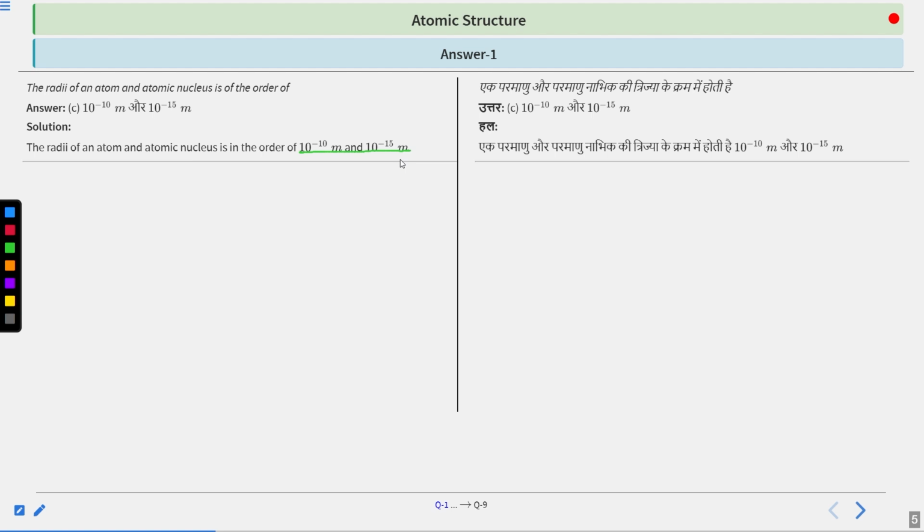We know very well that atoms are larger in size because the nucleus is inside that atom. So the nucleus radius will always be smaller than the atom radius. Therefore, we take the option where the atomic nucleus is smaller, and that is 10 to the power minus 10 meter and 10 to the power minus 15 meter, which is option C.